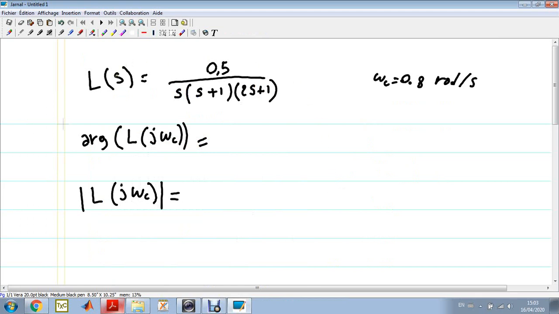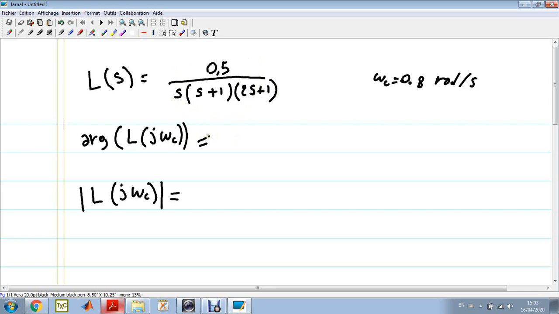So this is your transfer function, and for omega c equals 0.8 radians per second, how do I compute the argument of L? Well, the argument of L, as we said, is the sum of all the arguments in the product. So the argument of 0.5 times the argument of 1 over s times the argument of 1 over s plus 1 times the argument of 1 over 2s plus 1. They all sum up. And we know also that we have terms at the denominator. These go with a negative sign.